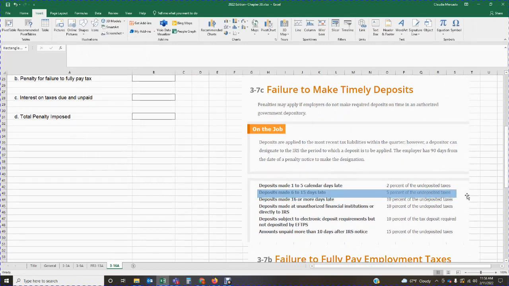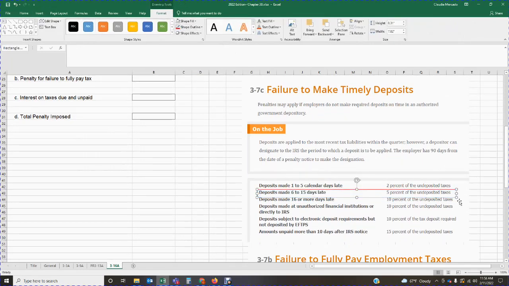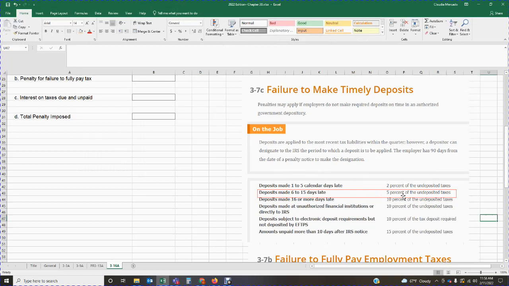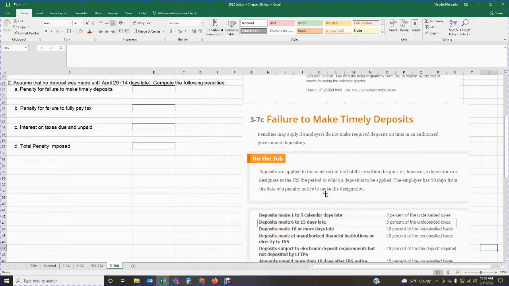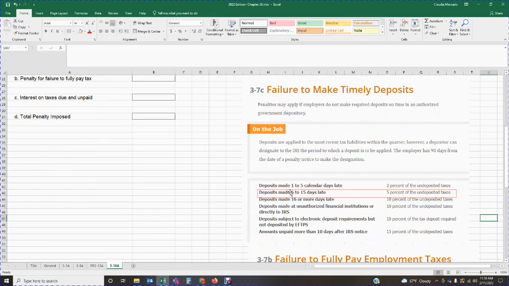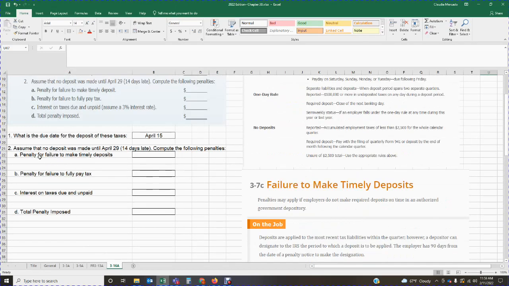Because we were late 14 days, we are going to have to pay 5% of the undeposited taxes. We selected that tier because 14 days late falls into the second tier, which is 5%. So we're going to get the amount of the taxes. The amount of the taxes was $2,505.